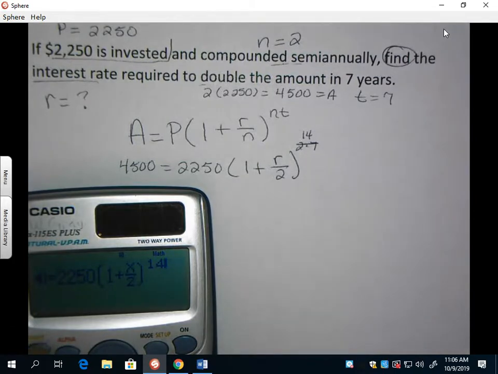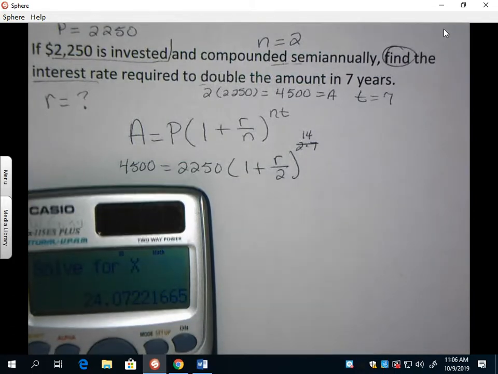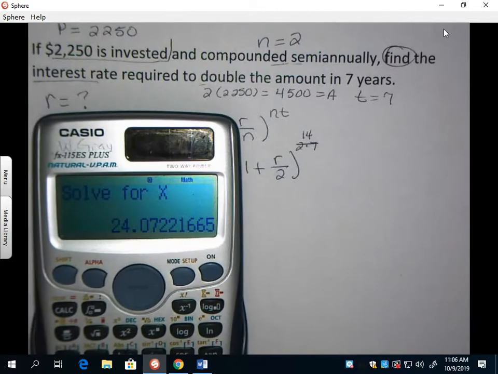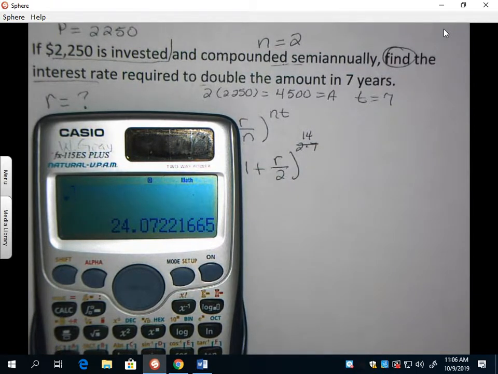So let's start with shift calc, and we're going to make a guess of, let's say, 15% interest, or we know it needs to be pretty high to make it double in 7 years. So I'm going to use 0.15 as my guess. You could use 0.5 if you want to, and then hit equals after you make your guess. And let's see what happens.